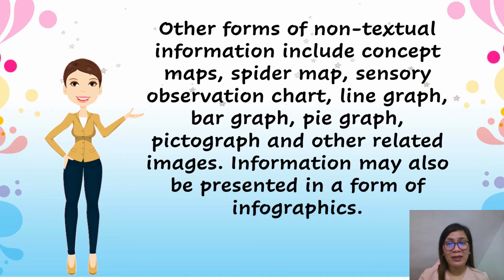Other forms of non-textual information include concept maps, spider map, sensory observation chart, line graph, bar graph, pie graph, pictograph, and other related images. Information may also be presented in the form of infographics.